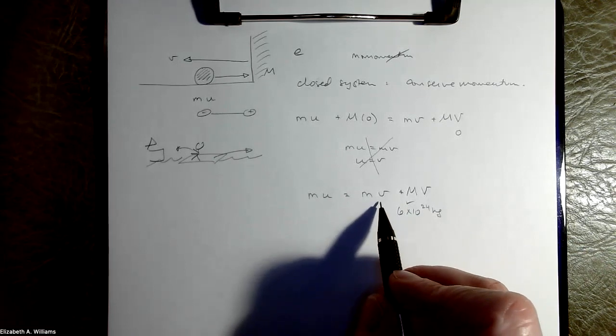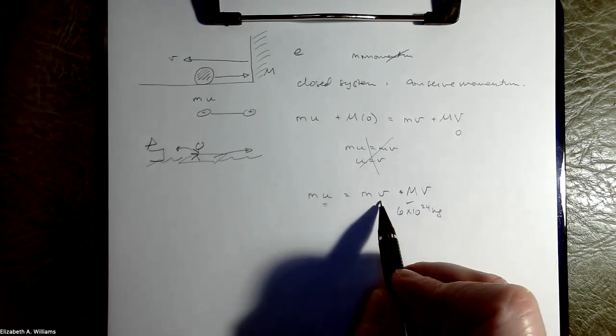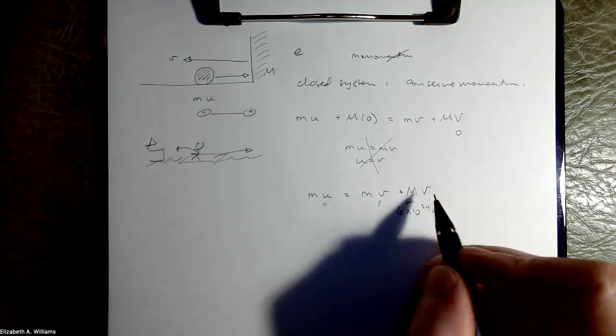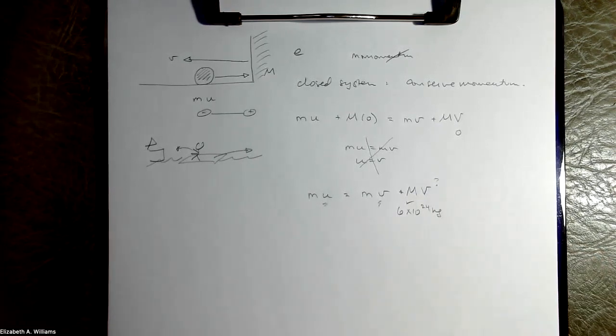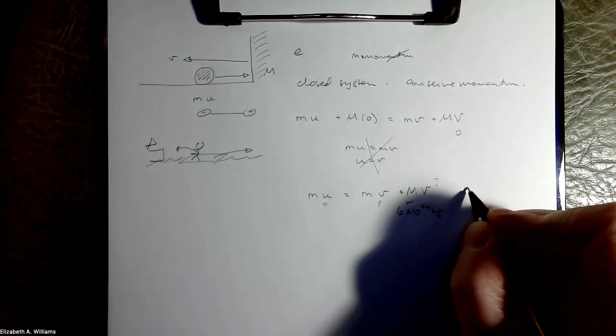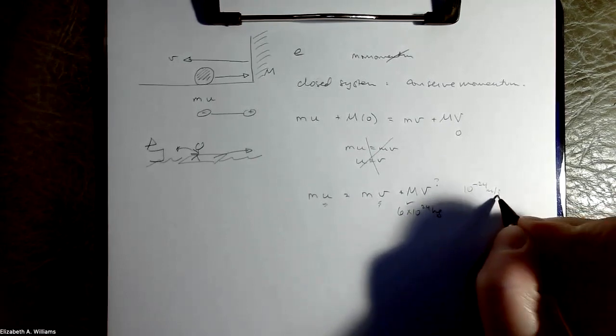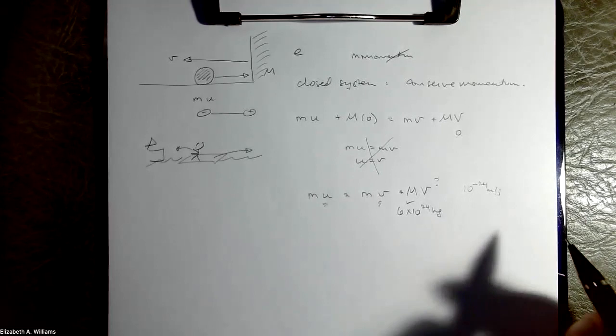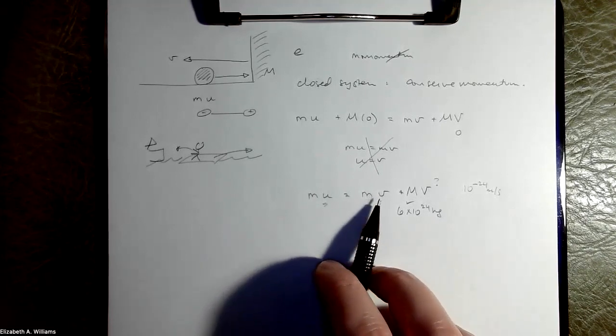If we know the approach velocity and the ball's ricochet velocity, we can work out Earth's resulting velocity. And you're going to get something stupid on the order of 10 to the minus 24 meters per second. It's stupid tiny, but it's there and you can calculate it. But you've got to know that number.